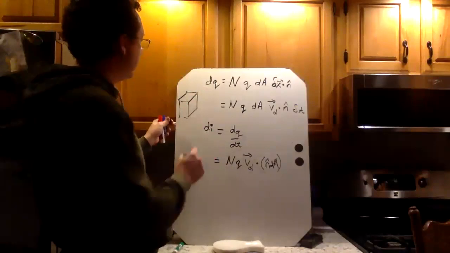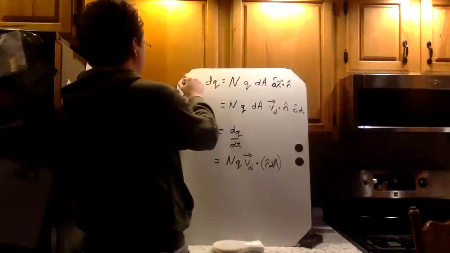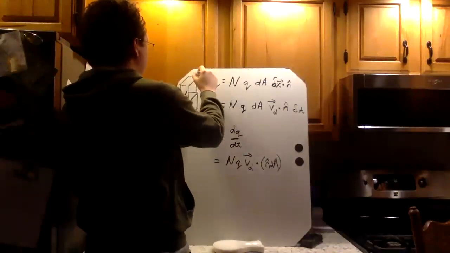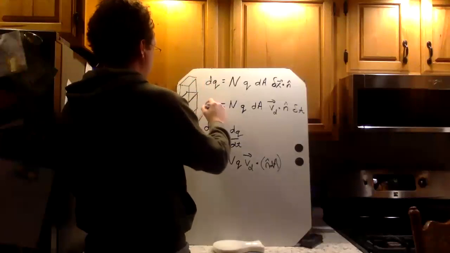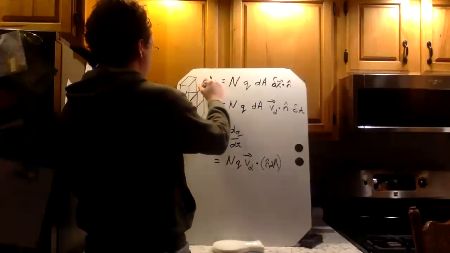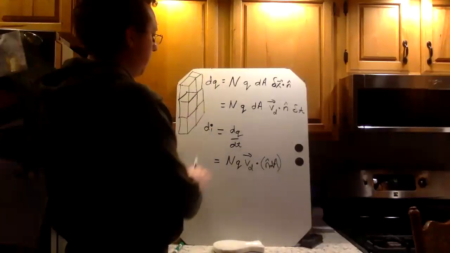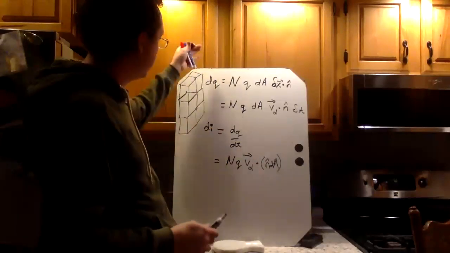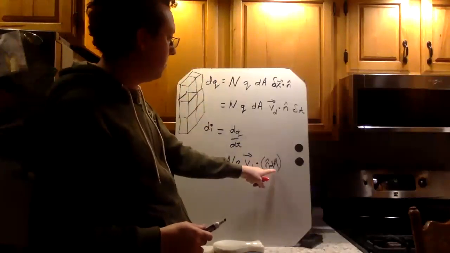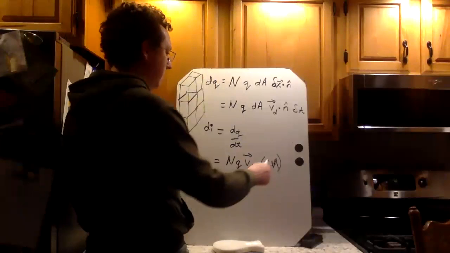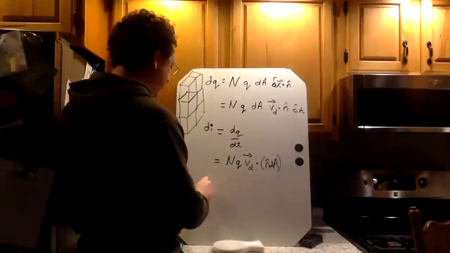And if I wanted to get the total wire, what I should do is add up all little chunks going across the wire. So if you have your wire, you would want to add up over all little chunks, but that amounts to integrating over the area. So if you integrate it over area, you get the current.